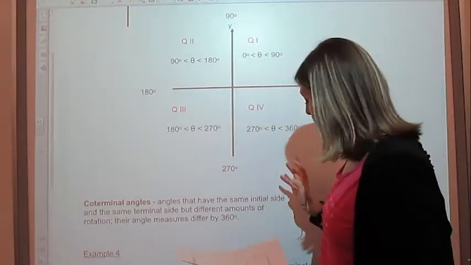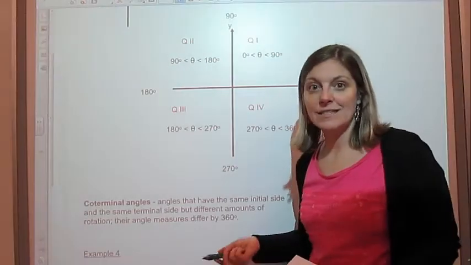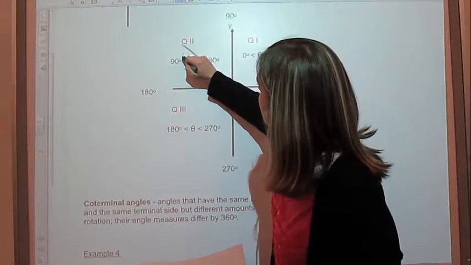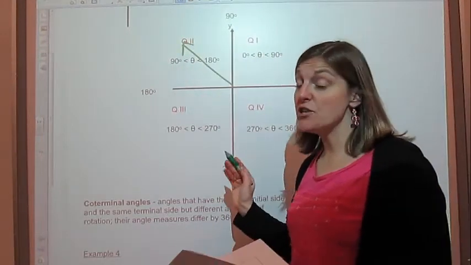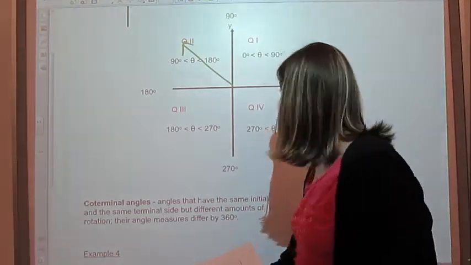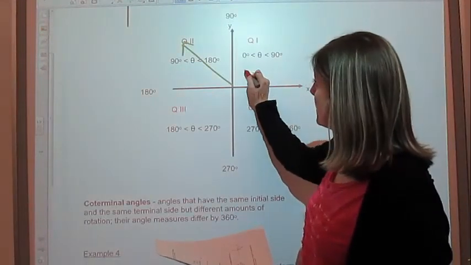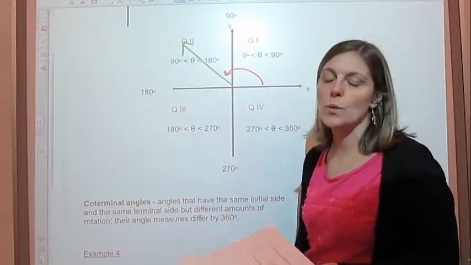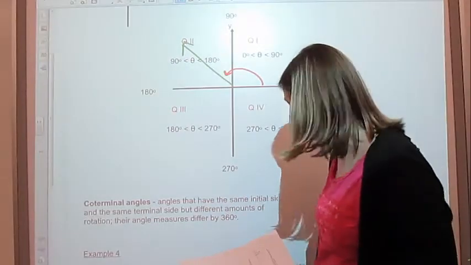Okay? So if we're looking at an angle in standard position, then say we have a ray coming off here. That angle would be measured from the initial side right here to that terminal side. So that would be somewhere in between 90 degrees and 180 degrees.